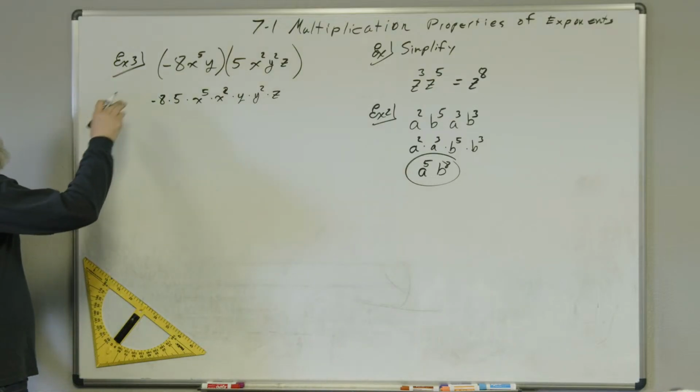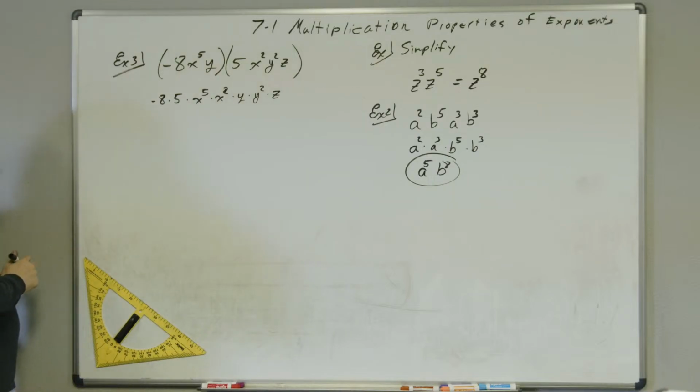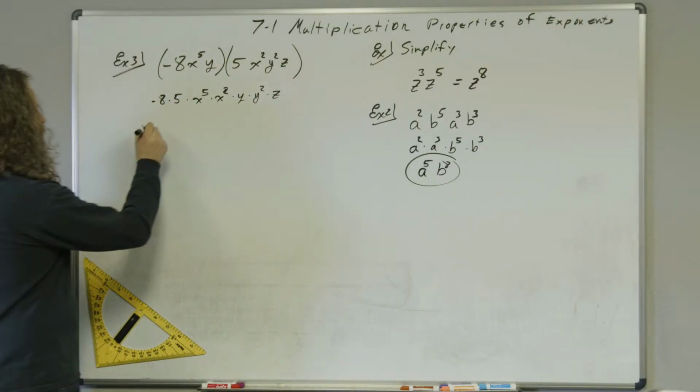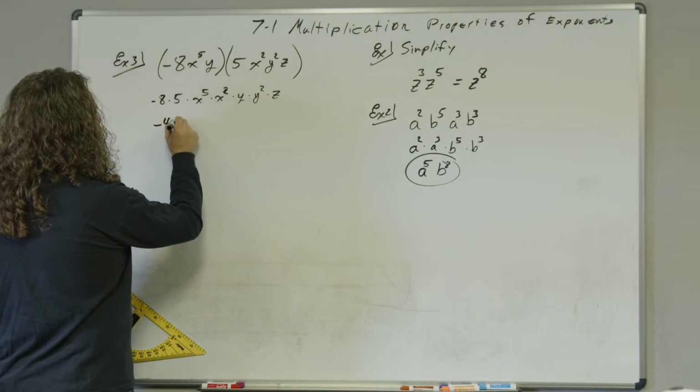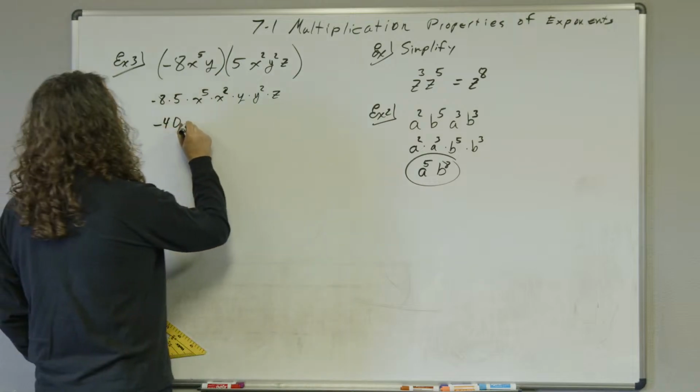They're not like bases multiplied, they're just numbers multiplied. So what's negative 8 times 5? Negative 40. And then what's x to the fifth times x squared? X to the seventh.